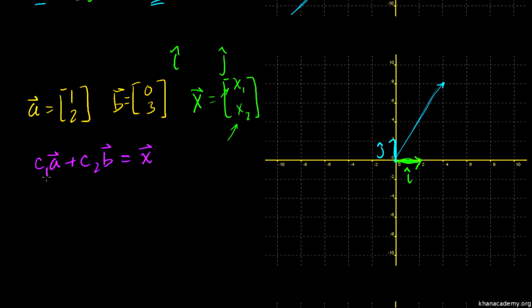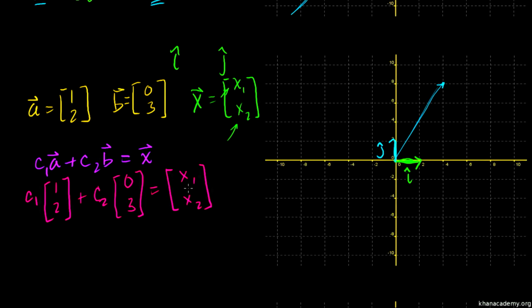So let me show you that I can always find a C1 and a C2 given some x's. Let's write this with the actual vectors in column form. C1 times this vector plus C2 times the B vector, 0, 3, should be equal to my x vector, x1 and x2, where these are just arbitrary.